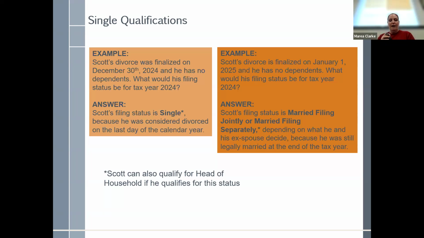That is entirely possible. If his divorce had been finalized on January 1st, 2025, just 2 days later that he signed the paperwork, he would have to use a married filing status, either married filing jointly or married filing separately based on whatever he and his spouse decide. Because on that December 31st magic day, that's what his status is.